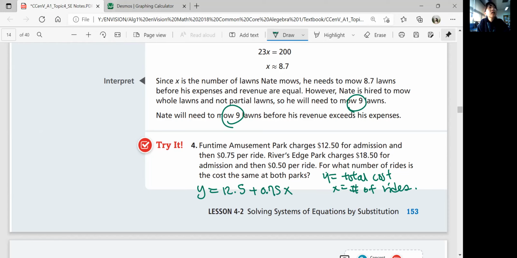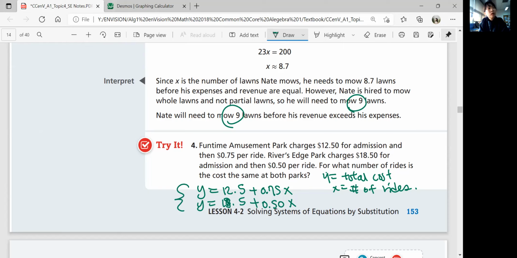River Edge Park, you pay $18.5 for admission, and then every time you ride something, you pay $0.5. Our cost has to be in dollars. If you use cents, you have to use cents for the admission as well. So we have these 2 equations.